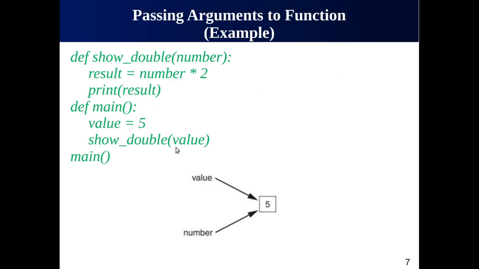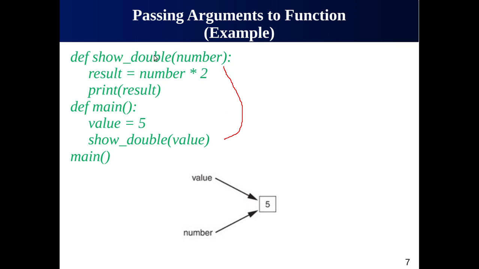This means that the value is being passed as an argument to the show_double function. When this statement executes, the show_double function will be called. It's like calling the function, and the number parameter will be assigned to the same value as the value variable. Both will refer to the same thing.